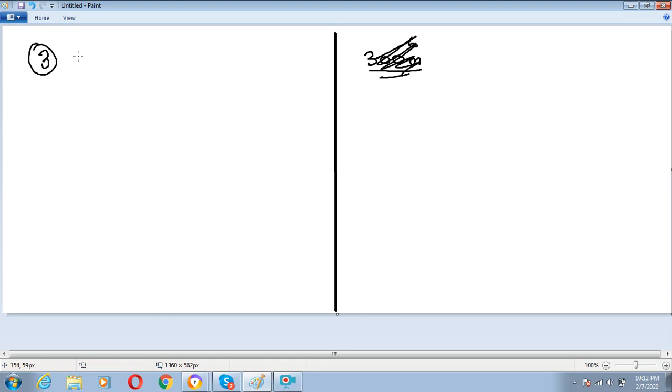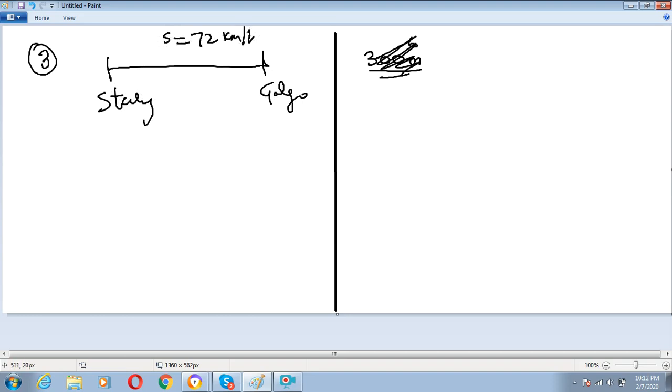A salesman took 1.5 hours to travel from Sterling to Galway at an average speed of 72. Again, Sterling to Galway, the speed is given. This is Sterling, this is Galway. The speed is given as 72 kilometers per hour. In all the questions, of distance, speed and time, two things will be given and one thing you have to find out. When he returned from Galway to Sterling, he traveled at 90. So while going, his speed is this much, while coming, his speed is 90.